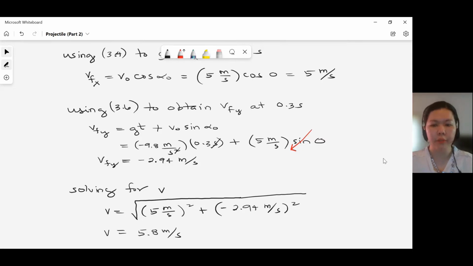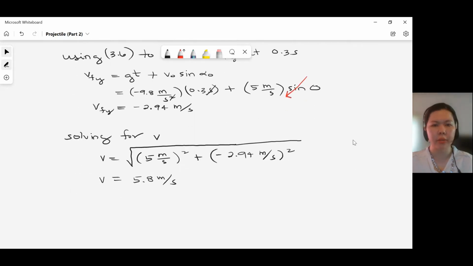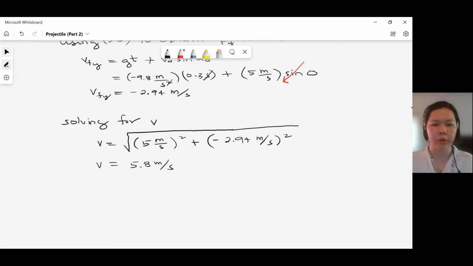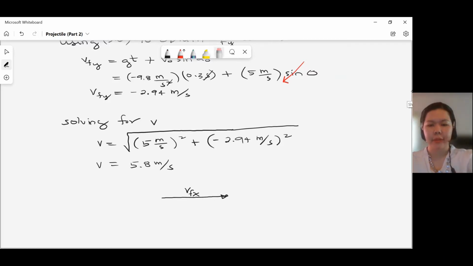Now for the direction, VFX is to the right and VFY is downward. So if we make a rough sketch, VFX is to the right and VFY is downward.